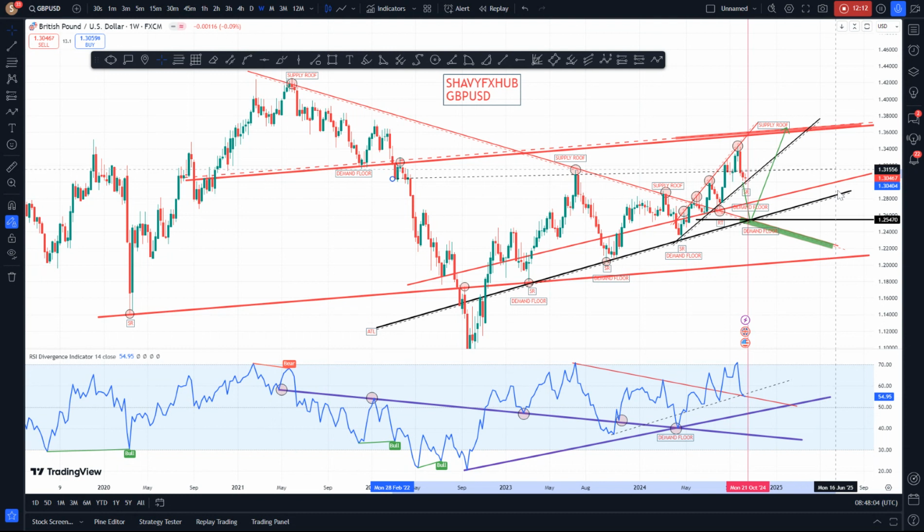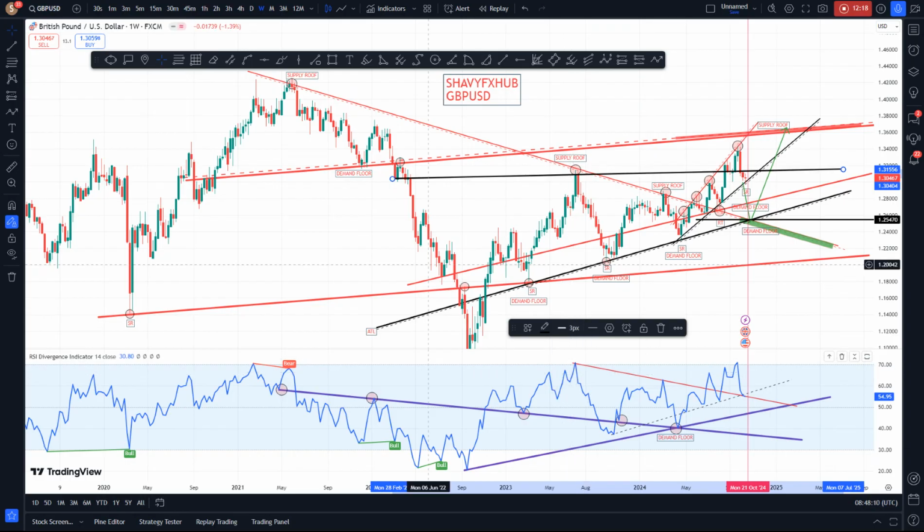So let's see. We have here support structure, break of a support structure, retest, break of a resistance structure, retest, price bought, break of a support structure. GU might continue to experience some downward reaction.